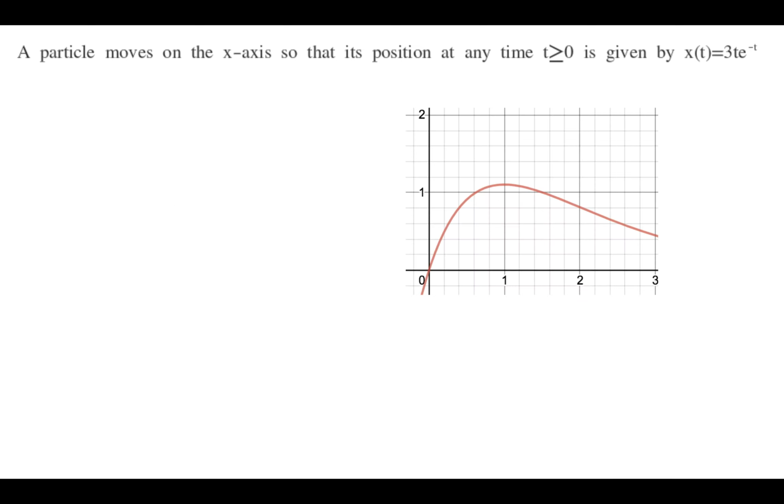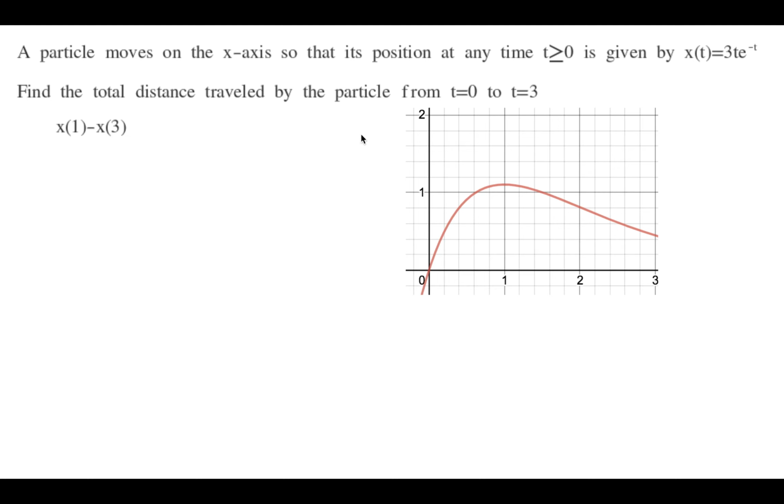This is the graph of the given equation, and here we're being asked to find the total distance traveled by the particle from t equals 0 to t equals 3. In order to do this, what we have to do is x of 1 minus x of 3. So x of 1 equals 3 times 1e to the negative 1, and x of 3 equals 3 times 3e to the negative 3.